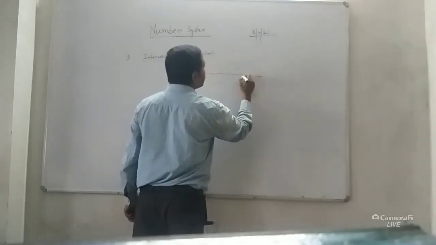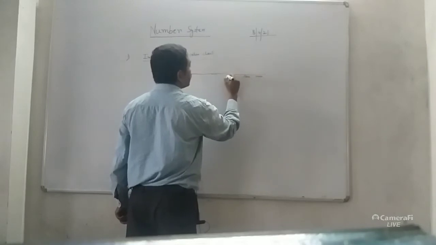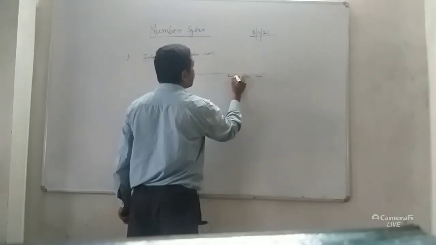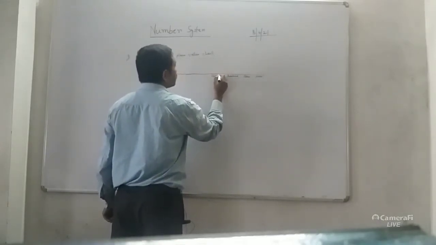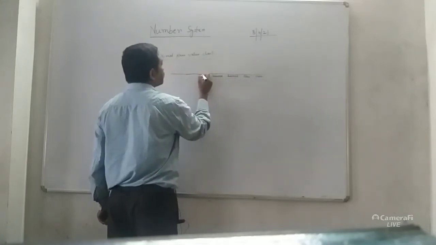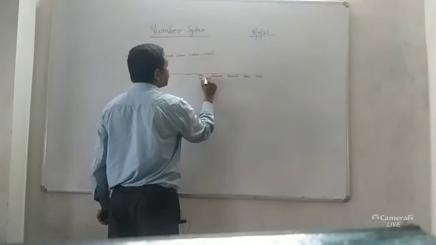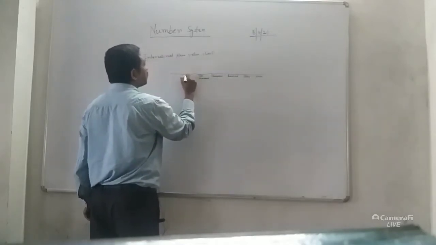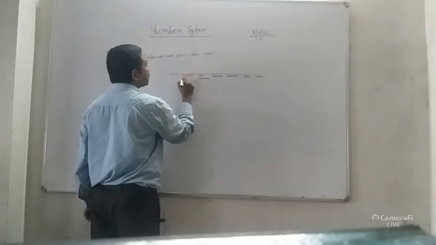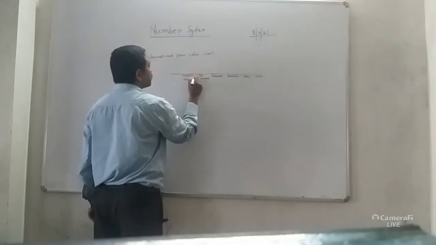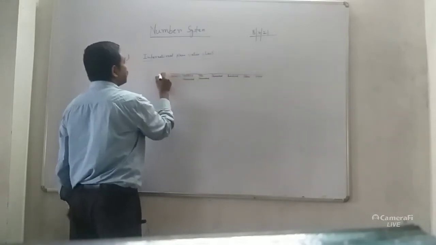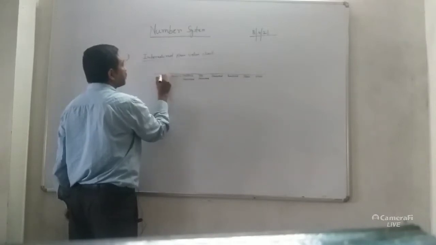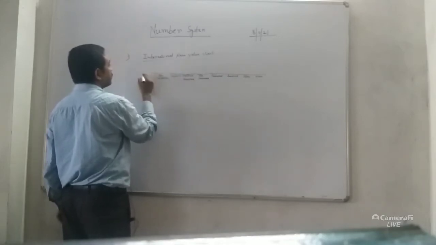Ones, tens, 100, 1,000, 10,000, 100,000, next comes million, 10 million, and then 100 million.